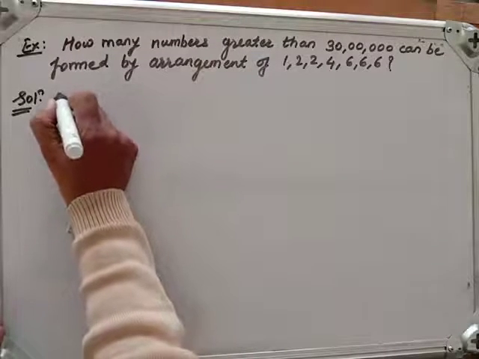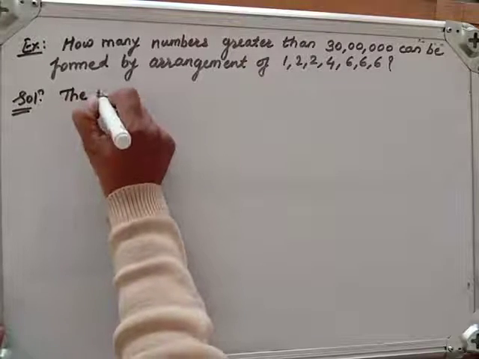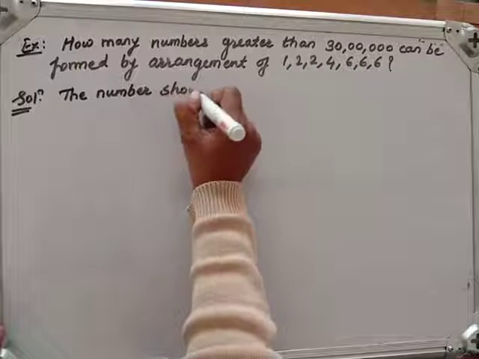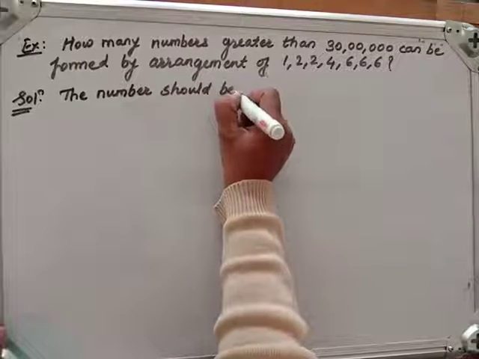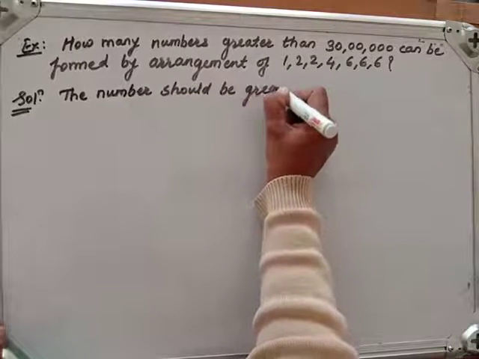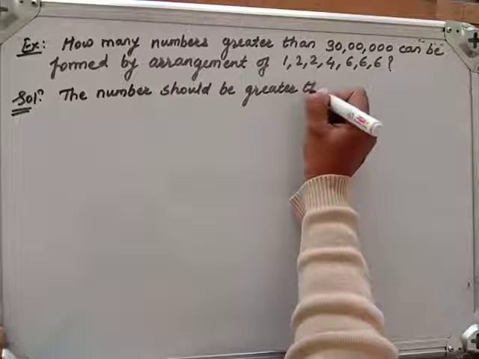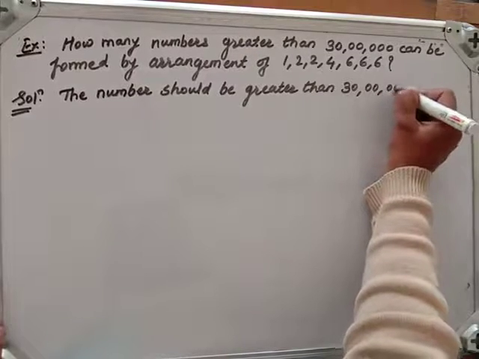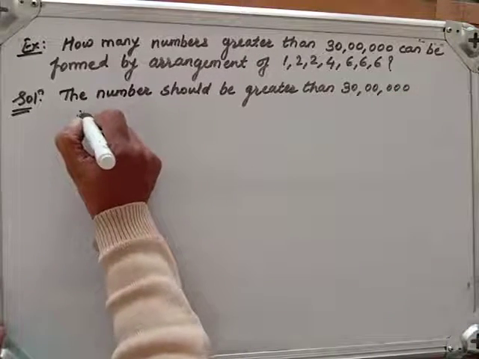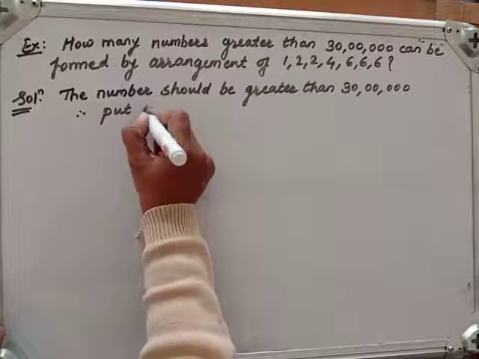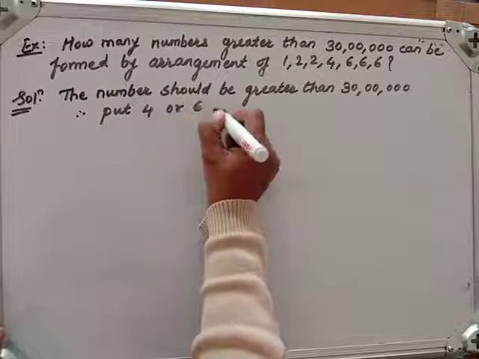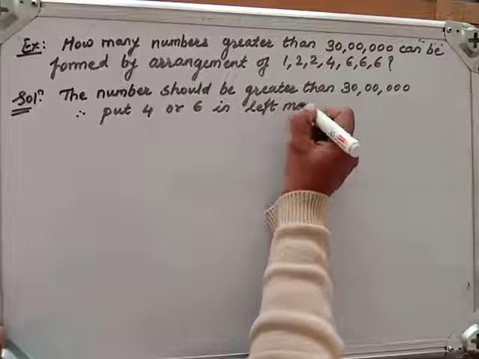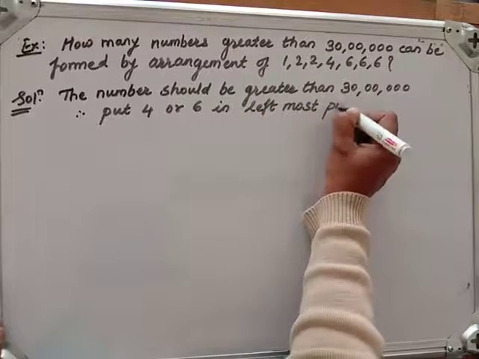So first of all write the number should be greater than 30 lakh. Therefore, put 4 or 6 in leftmost position.